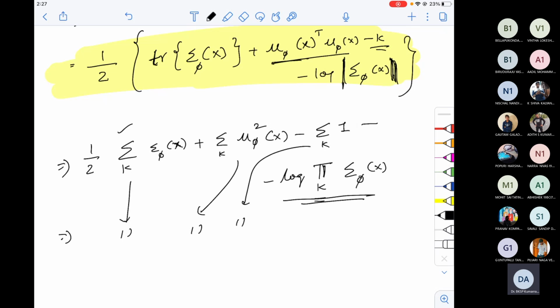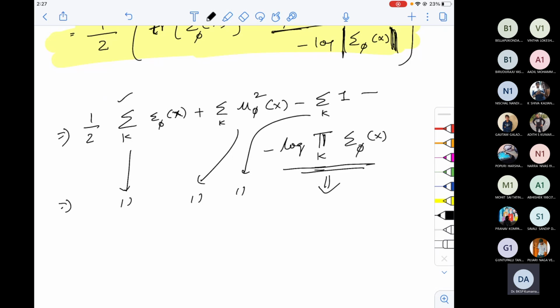Now let us take this particular one. It's in the form of log AB. We can say log A plus log B, right? So we'll try to do that and see how things flow.